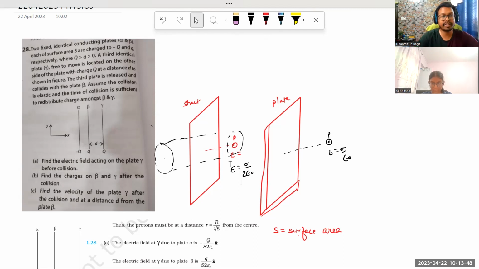Anyway, they are just treating this thing as a sheet, right? That is the thing. Yes. That's the terminology difference here.